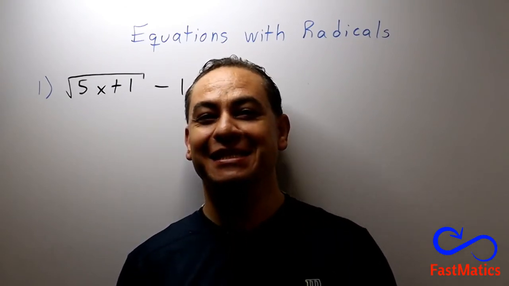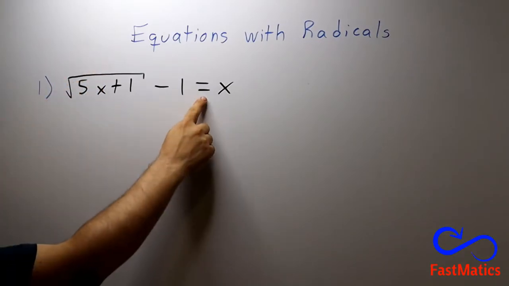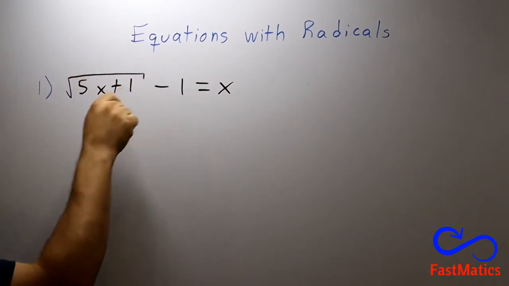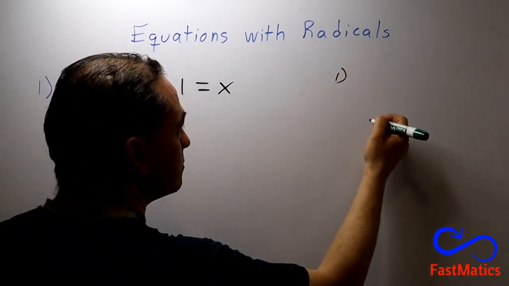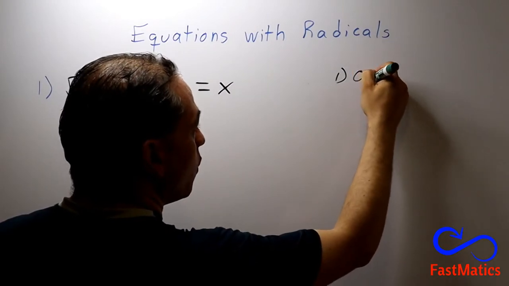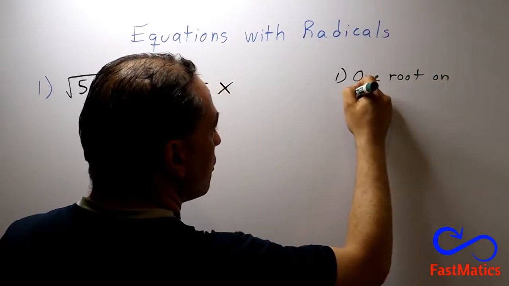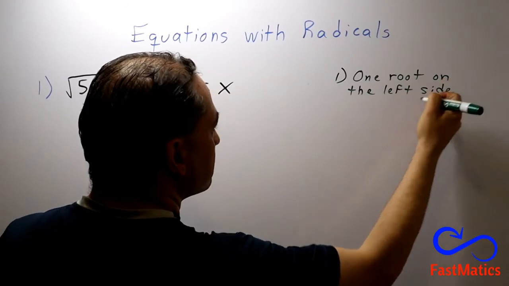Follow me please. First of all, if we identify that we have an equation and that we have a square root, we must follow some very easy steps. First, leave one root on the left side.